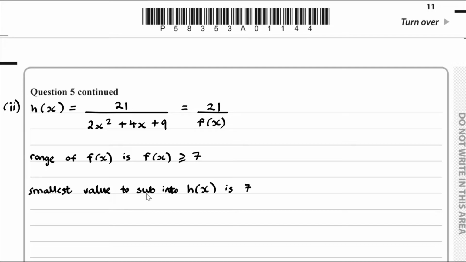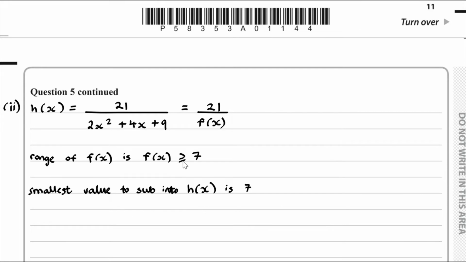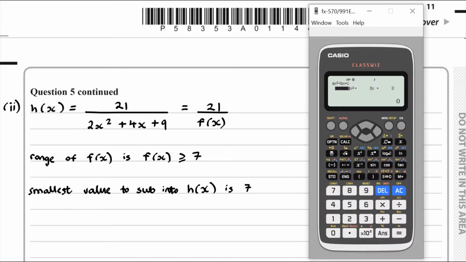Okay, so what you'd also notice as well, as f(x) gets bigger than 7, h(x) will get smaller and smaller. Let's just illustrate this. We have 21 divided by 7. That would be one of the limits of the range of h(x). And as we see, as we increase this f(x) to something bigger than 7, say 700, we get something smaller.